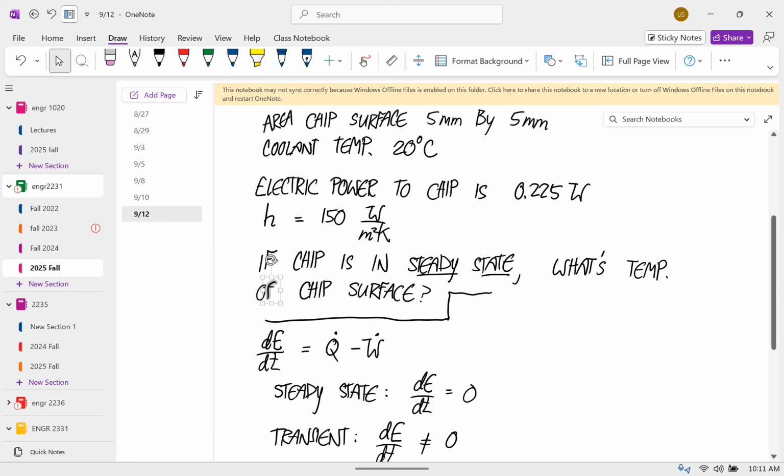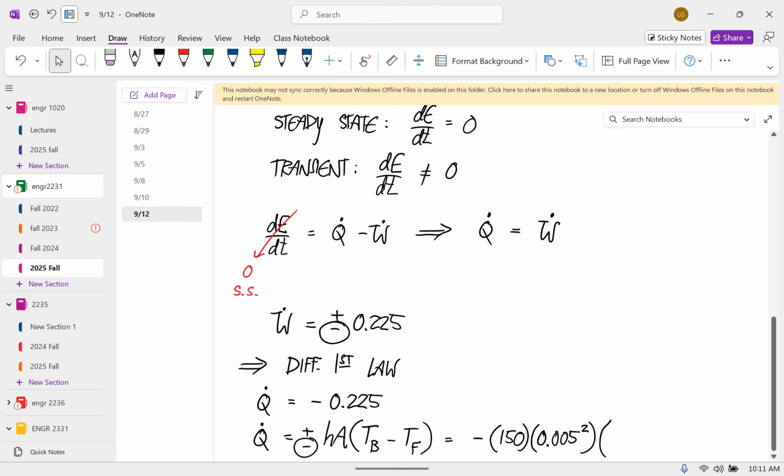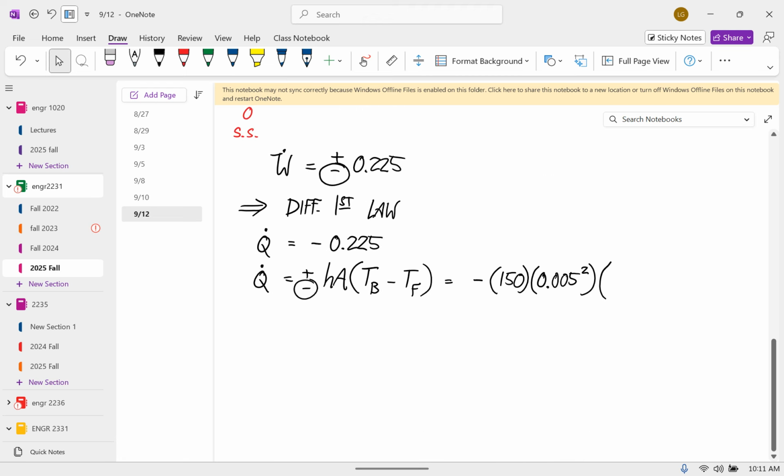So this is a difference in temperatures. We could just keep it in Celsius, but putting it in Kelvin is fine. What's going to be the higher temperature here, the body or the fluid? The body. So I'm going to write this as TB minus 20.